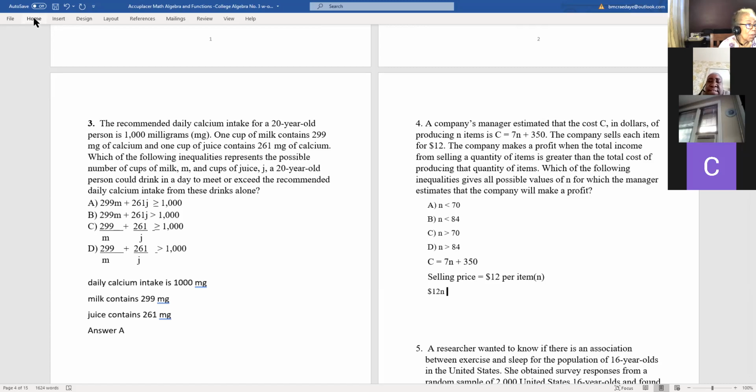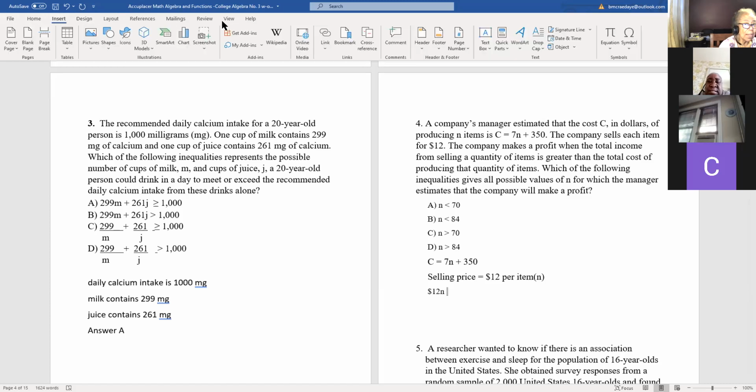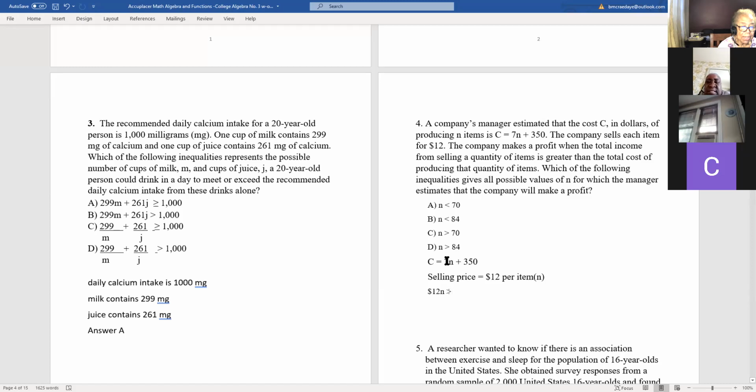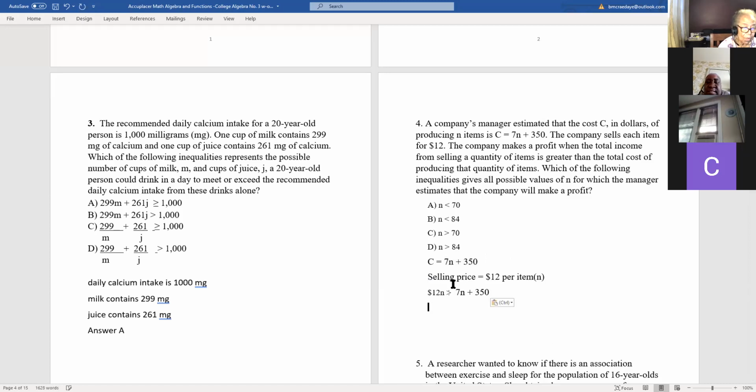Let me put a greater than sign here. The 12N must be greater than the cost. And the cost is this, right? Must be greater than this. Let's just put this here, 7N plus 350. So $12 times N must be greater than 7N plus 350.